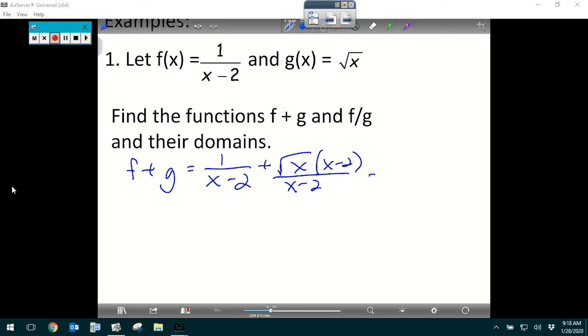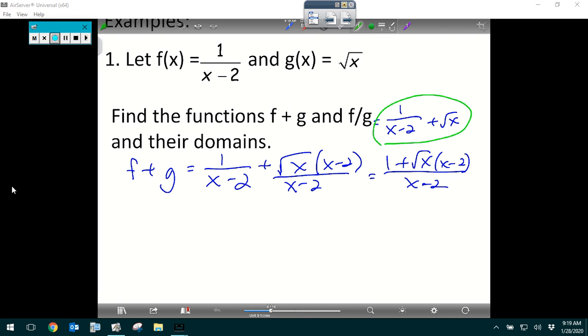And then that would give us 1 plus the square root of x times x minus 2 over x minus 2. So let's look at the comparison. So I could have written either 1 over x minus 2 plus square root of x. That's an option. Or this one.